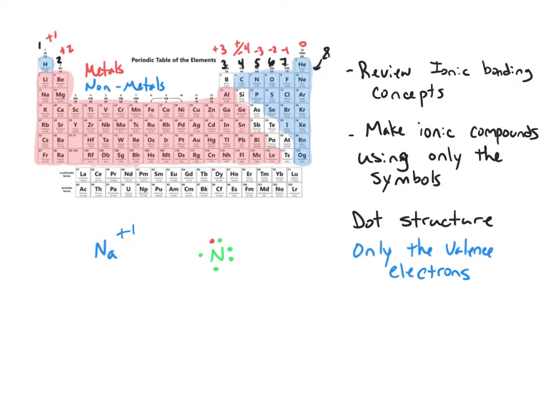Now the sodium is happy, but the nitrogen is not happy because it doesn't have 8 valence electrons. It only has 6 now. It gained one of the electrons from the sodium, but it still has 2 more spots where it could receive electrons. And so the sodium says, hey, let me go find a friend.